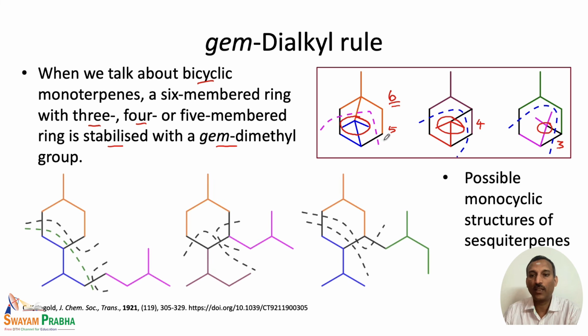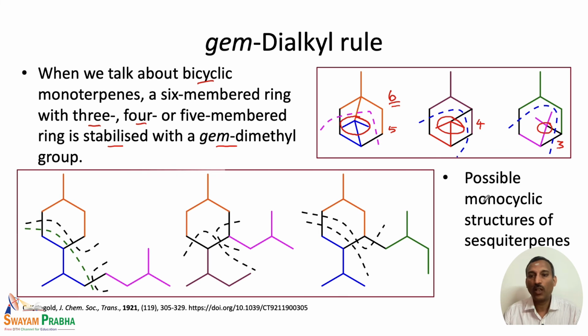Here, when we talk about the monocyclic system of sesquiterpenes, that means when we have 3 isoprene units present in these kinds of compounds, let us say 1, 2 and 3 isoprene units are present here. In all these cases, because we are talking about a monocyclic 6-membered ring, the gem-dimethyl unit is always present outside of the ring.